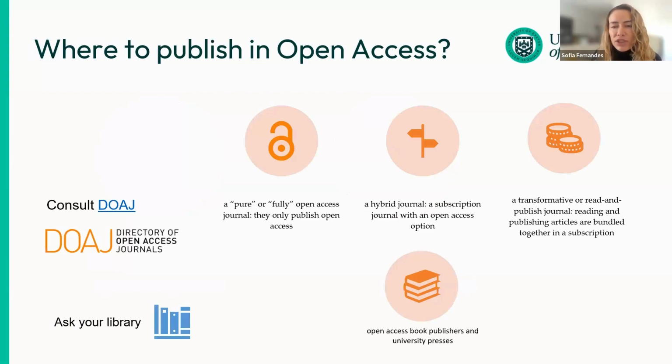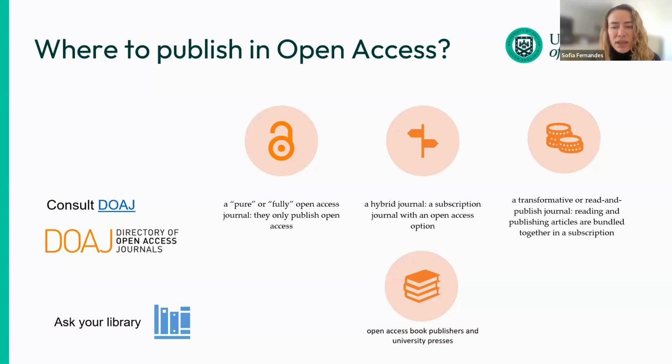Gold open access publishing can include pure or fully open access journals, meaning that the journal only publishes in open access. The best way to find an open access journal is to consult DOAJ, the Directory of Open Access Journals. DOAJ is also a good place to ensure the journal is credible and not a predatory journal. It can also be through a hybrid journal, that is basically a subscription journal that offers a paid open access option.